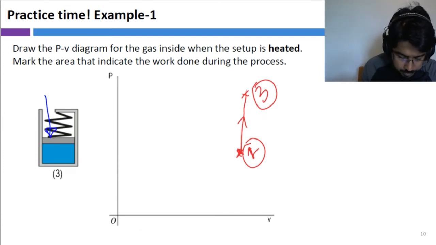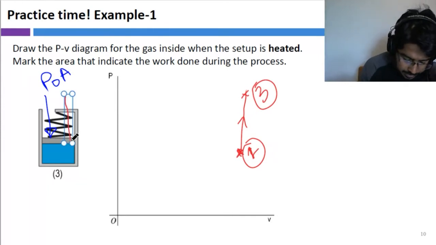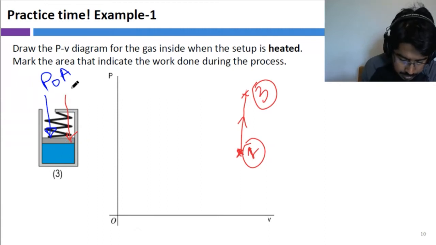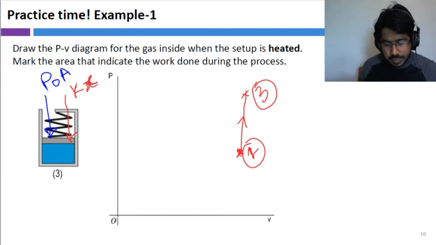So if we think of the force balance, let's say atmospheric pressure P naught times area is one force acting on the piston, right? And in addition to that, the spring applies a force which is Kx, right?